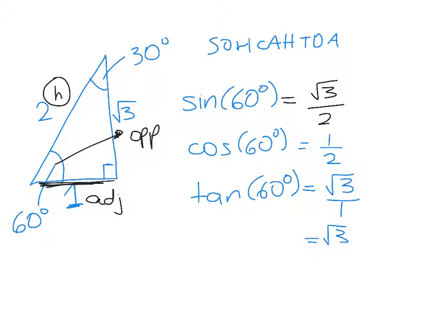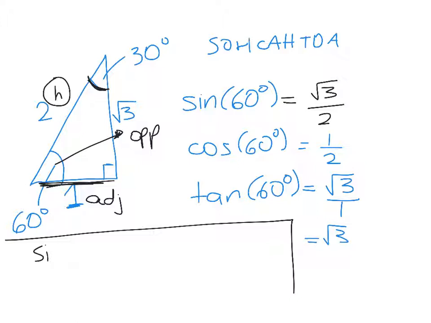Now we can look at the triangle focusing in on the angle that's 30 degrees, and we can generate sine, cos and tan for 30 degrees as well. So I'm going to do that down here. You should pause the video now and see if you can do that without any help from me.